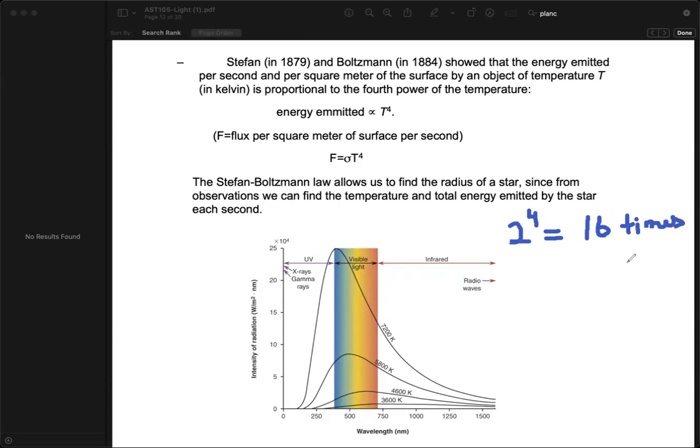So a star which has twice the temperature of the sun will emit energy at a rate which is 16 times as fast, or 16 times how fast the sun emits the energy. So this is a principle that you have to understand, and this is a formula.